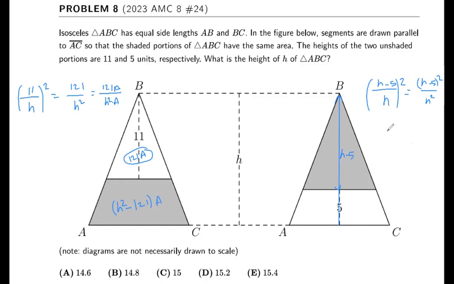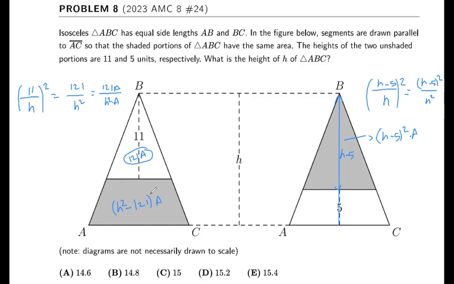So if you want to go with the area, since we have the same denominator, the numerator h minus 5 squared has to be the area of this region. But this is just the ratio, so maybe I can multiply this by a as well, because the denominator will be a squared times a as well, which is really nice.